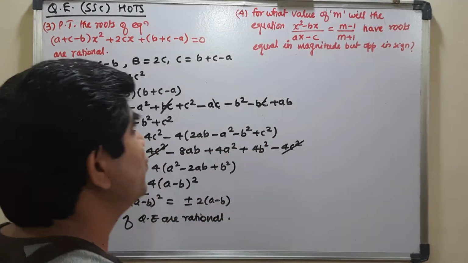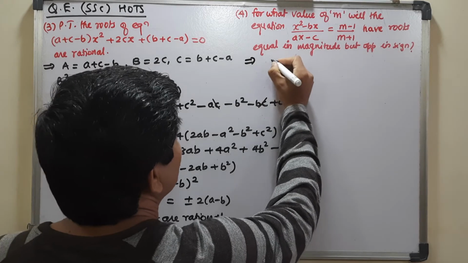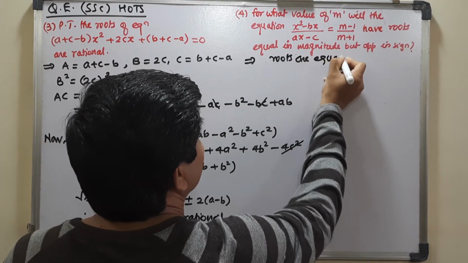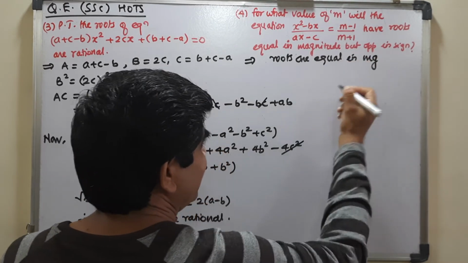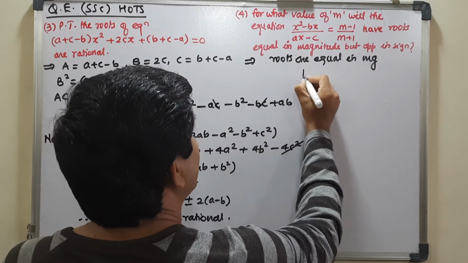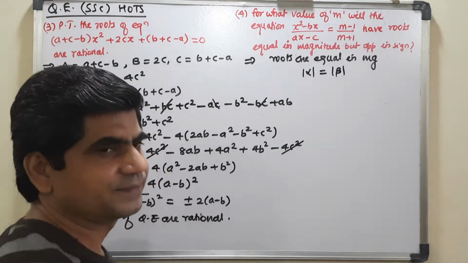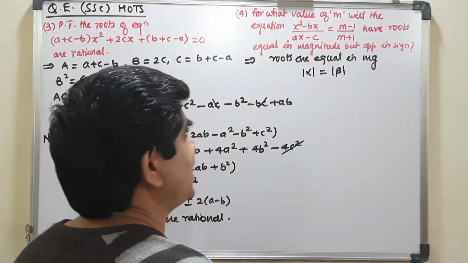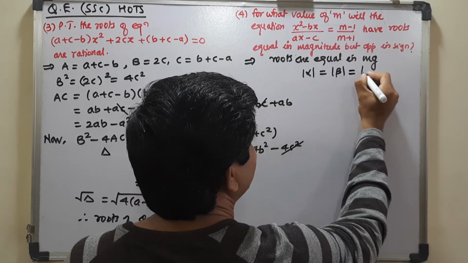Obviously here, if you see, roots are equal in magnitude. So I have written that, that is understood. If it is equal in magnitude, that means the modulus value of alpha is equal to the modulus value of beta. Let us take the modulus value of alpha and beta as, suppose, t.